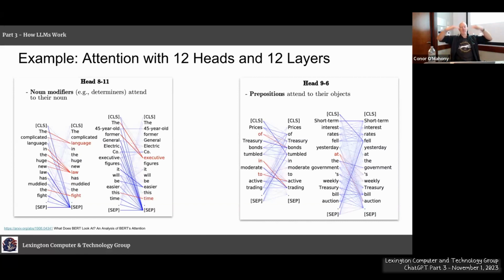But then as you go further up the layers, they're starting to deal with not just these single word associations, they're dealing with broader concepts. And those concepts get more and more complex the higher up it goes through these layers.